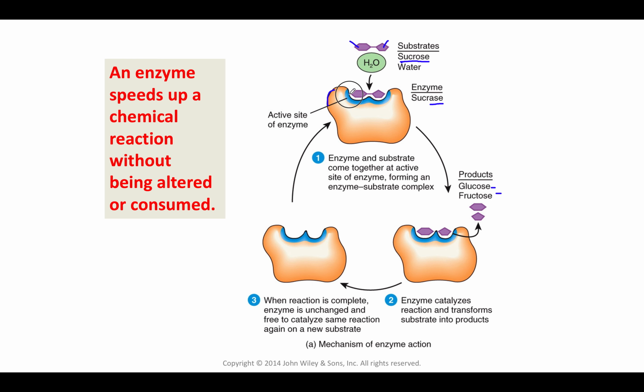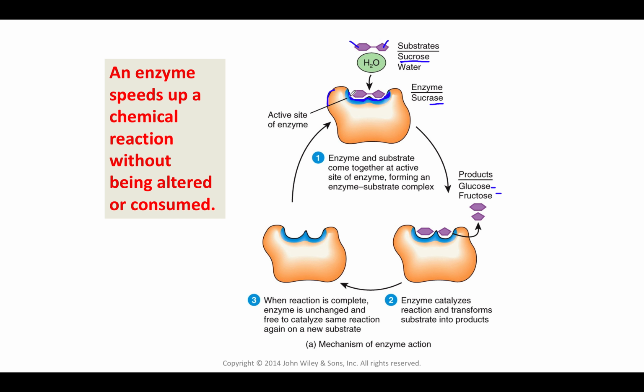Now, this protein has a special three-dimensional shape, and the three-dimensional shape is on every part of the protein, and it is especially specific here at its active site. This is what we call the active site.